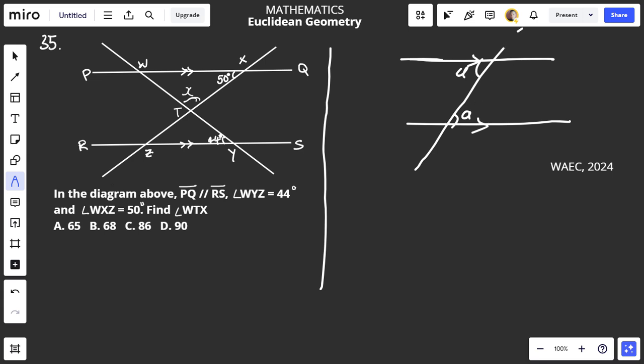Then this angle A will also be the same as A here. We call that corresponding angle. They are equal. Alternate angles are equal. Corresponding angles are equal.